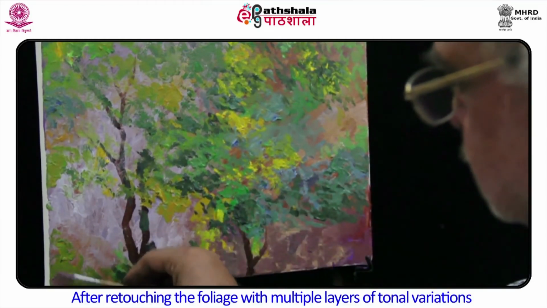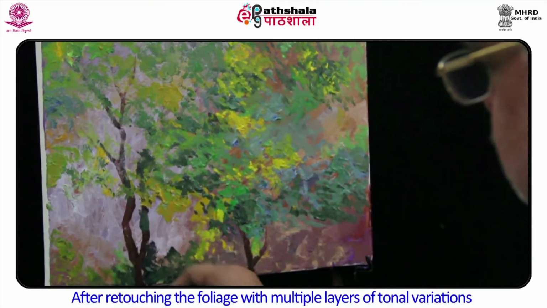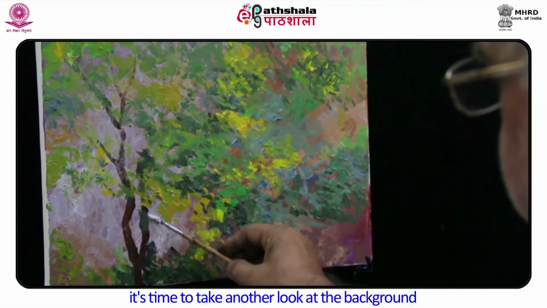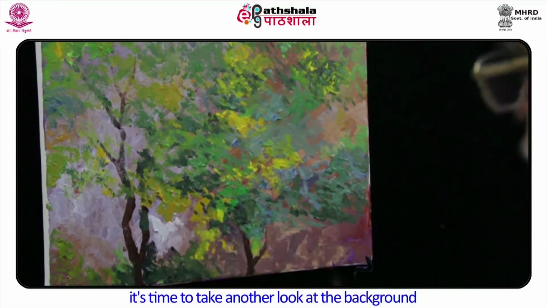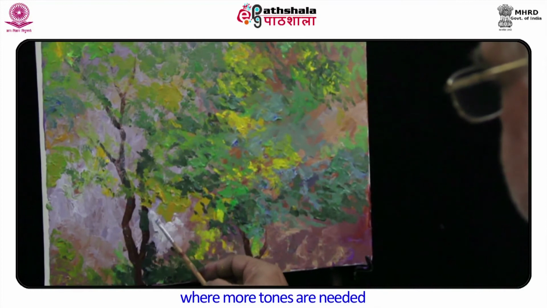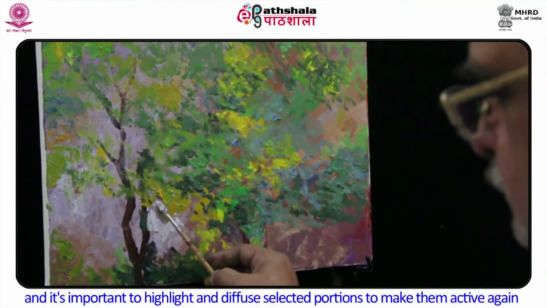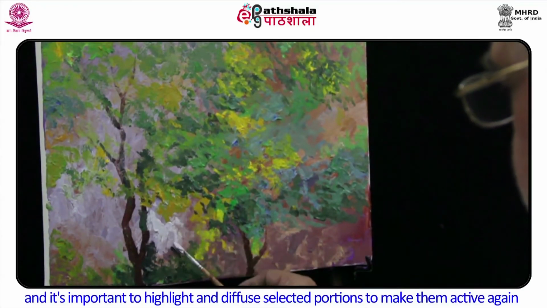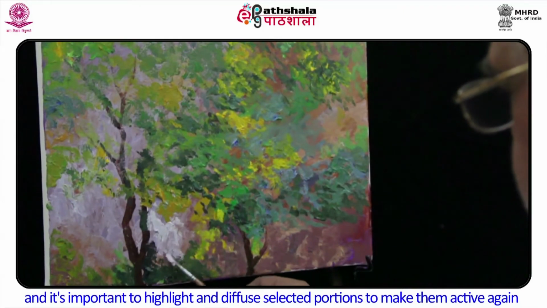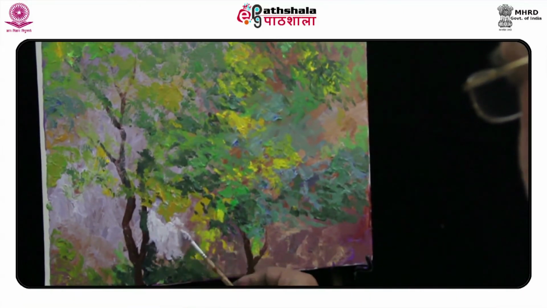After retouching the foliage with multiple layers of tonal variations, it is time to take another look at the background, where more tones are needed, and it's important to highlight and diffuse selected portions to make them active again.